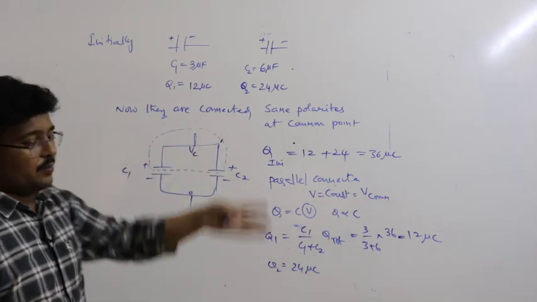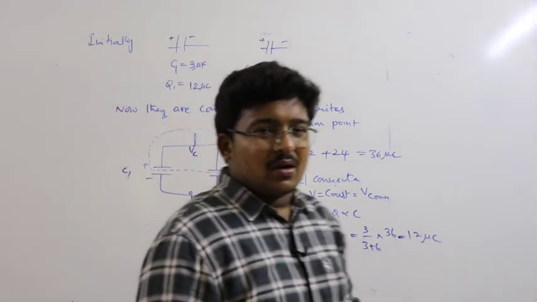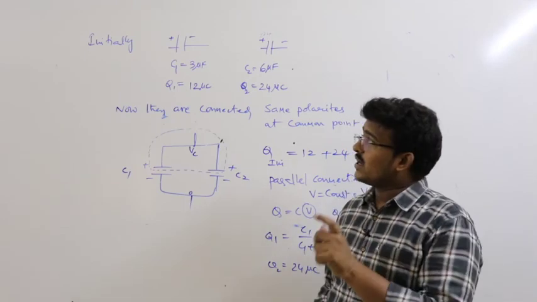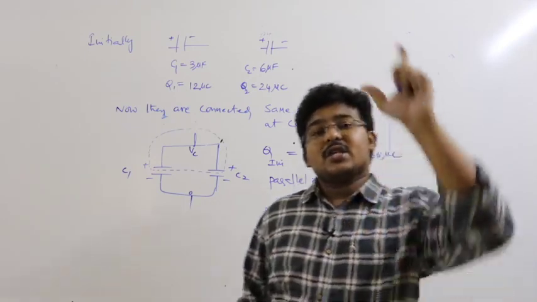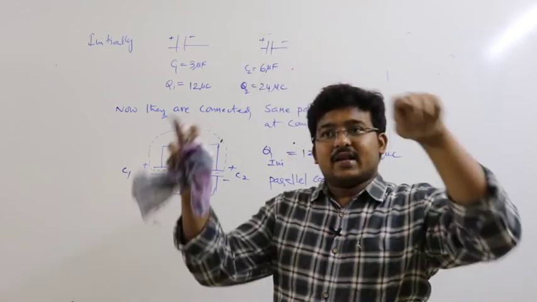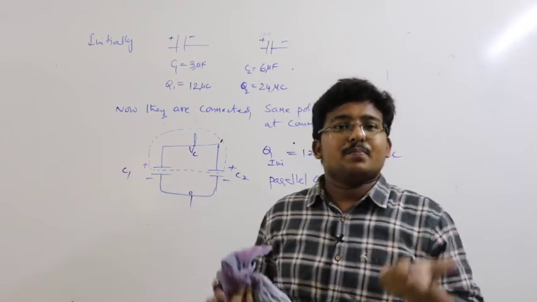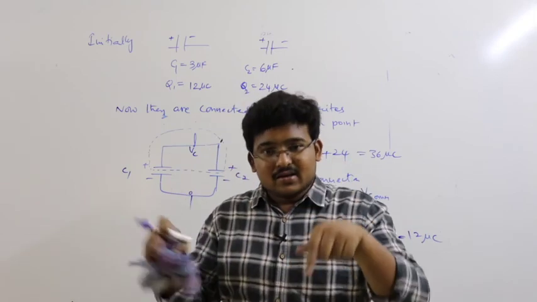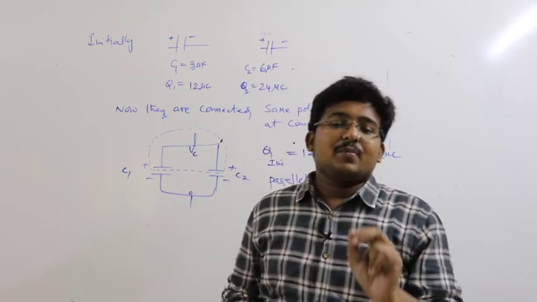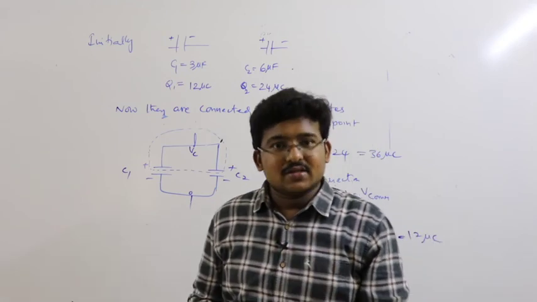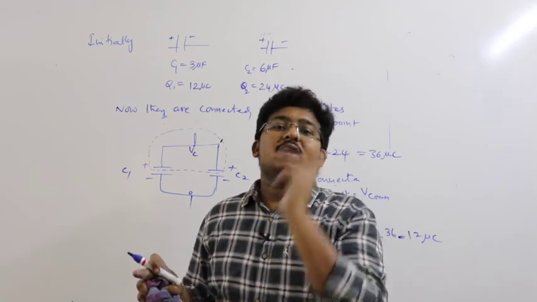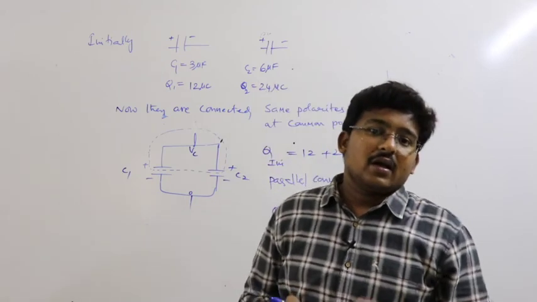So here the values may not be proper, but the method you are using, you need to understand the method. Initially the charges are given and they are connected plus plus one time, plus minus another time, but in all the cases that connection is called a parallel. In parallel, voltages are the same, so charge will be distributed in the ratio of their capacitances.